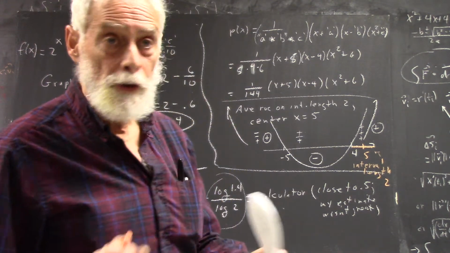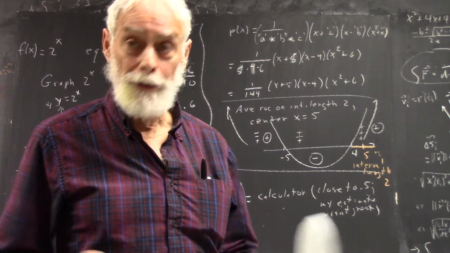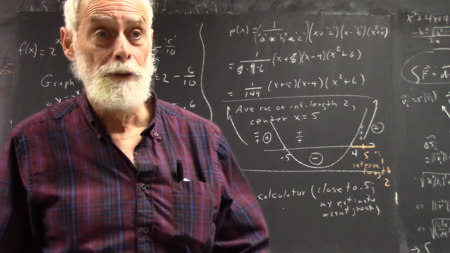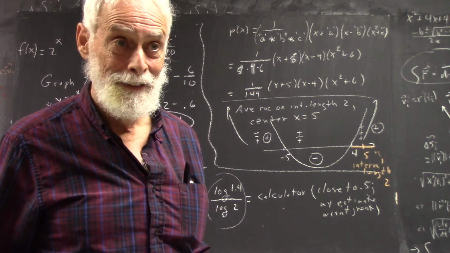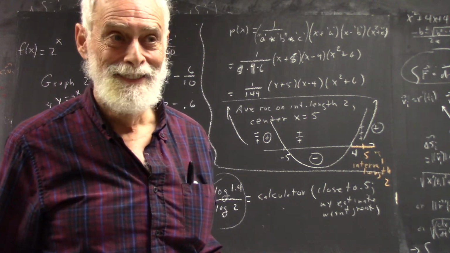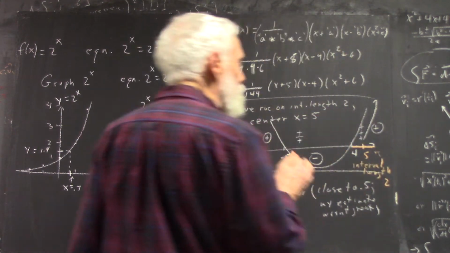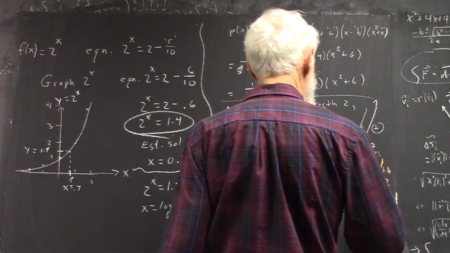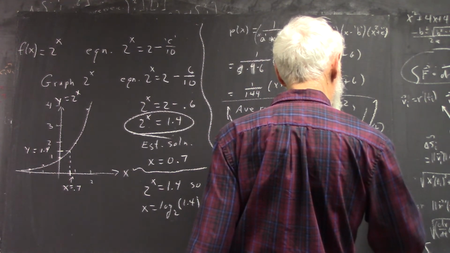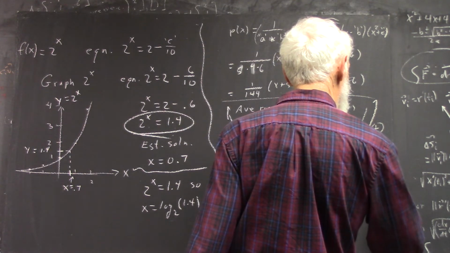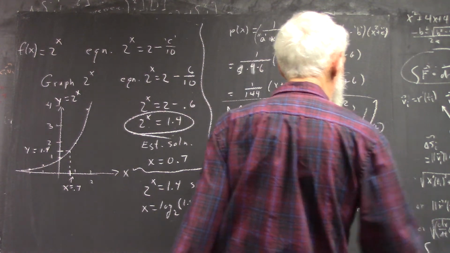So how far does it go to the right of the center if its length is 2? Well, the middle is in the middle, so it's as far from the right as the left, so it's half the length, right? And half the length is 1. So it should be clear that an interval of length 2 centered at 5 is the interval from 4 to 6.